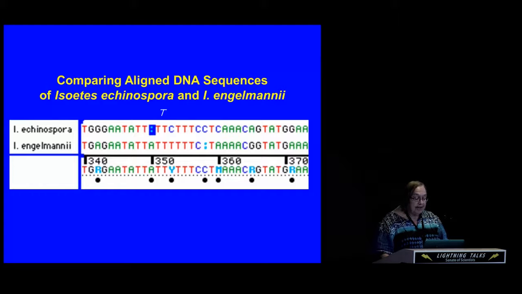You can see in this slide of the two species we're looking at, Echinospora and Engelmannii, the data for a gene called leafy, which is involved in vegetative to floral transitions in flowering plants, and is found all the way back to the bryophytes and even the green algae progenitors of the land plants.